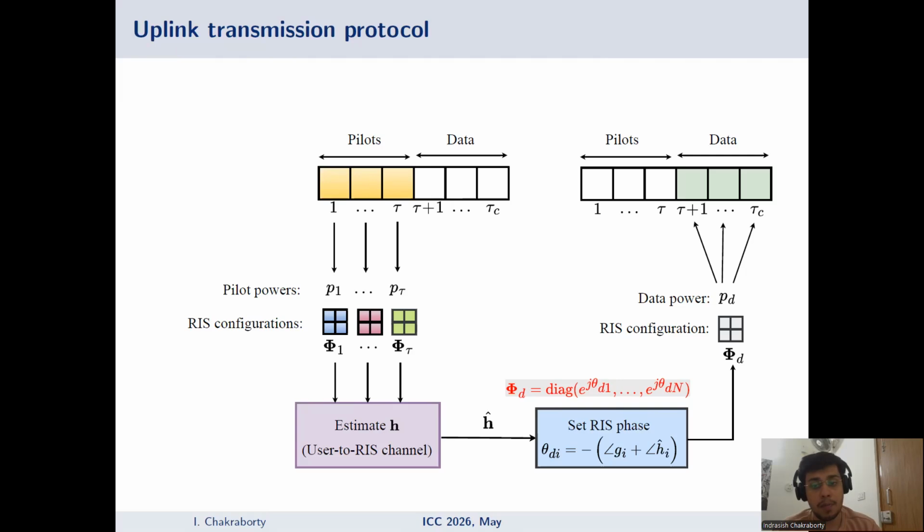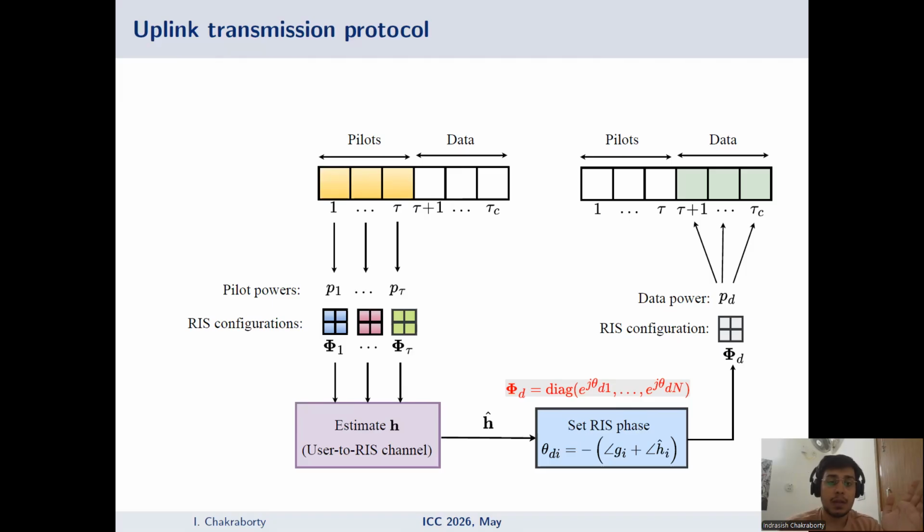They don't come from a predefined set of values like DFT training or codebook schemes. We find them in an intelligent way. That's what we do in this scheme. And with these pilot powers and RIS configurations, we estimate the user to RIS channel, and based on the estimate, we set up the RIS phases and send the data. And data powers are assumed to be equal.